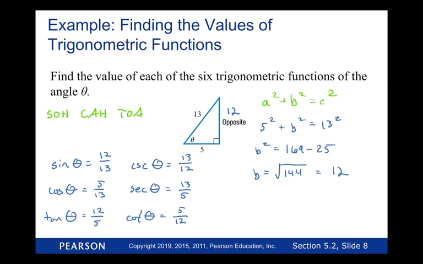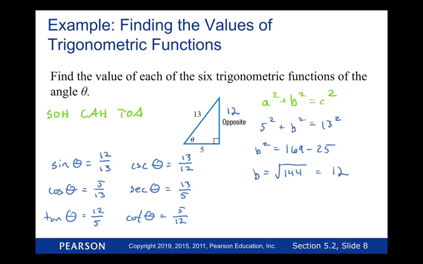Since our theta is in the bottom left, is the 5 opposite the angle theta or next to it? It's next to it because it's touching the angle theta. So the opposite of angle theta is the leg that's not touching it. Once you identify opposite, adjacent is the one that's touching it, and the hypotenuse is always the longest side. That's a valid question because we have to be clear about the orientation. I know that sometimes it throws students for a loop. Once we identify the opposite, adjacent, and hypotenuse, we can quickly find sine and cosine, and then the rest just flow from there.